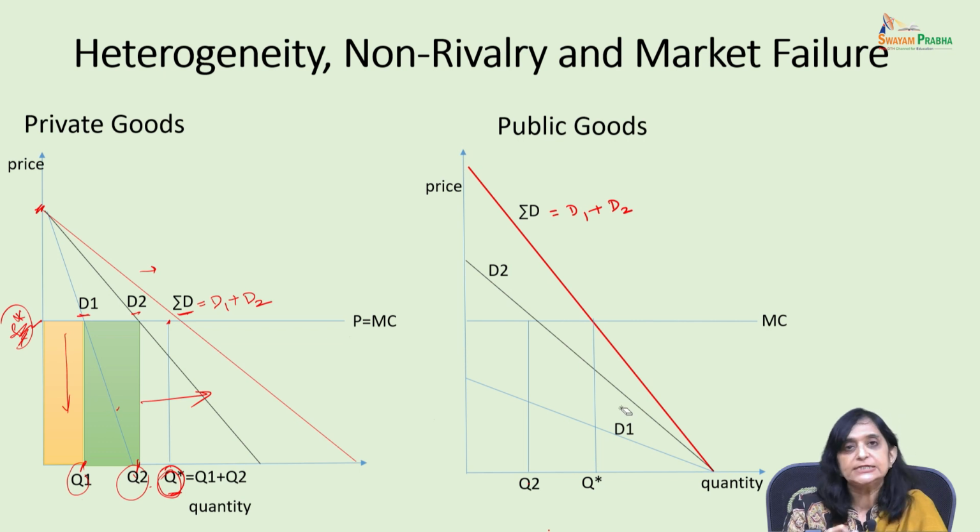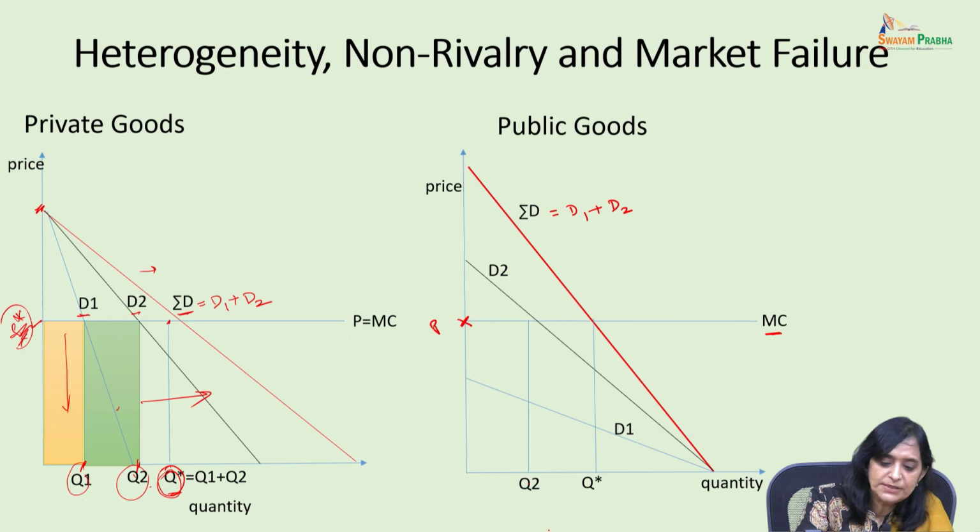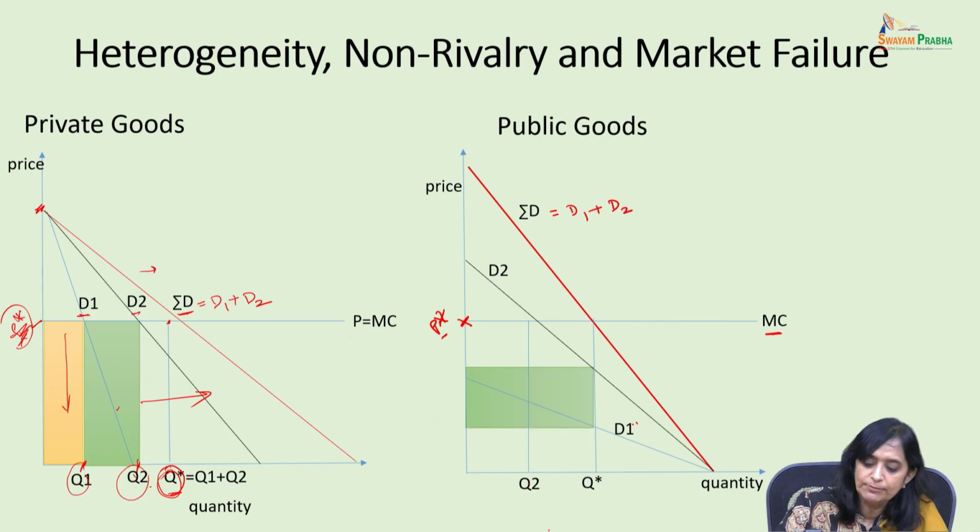Now, if it is a perfect market again, let us say, what does perfect market say? If we are assuming a constant marginal cost, it says that your price should be equal to marginal cost. So, this P star should be the price. But if this price is set in the market, is person 1 going to demand anything? No. Why?